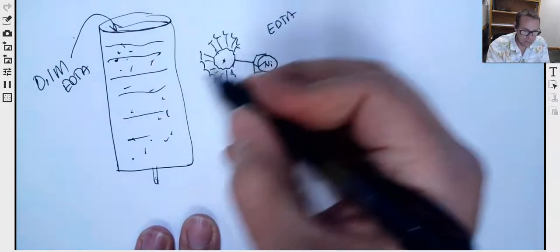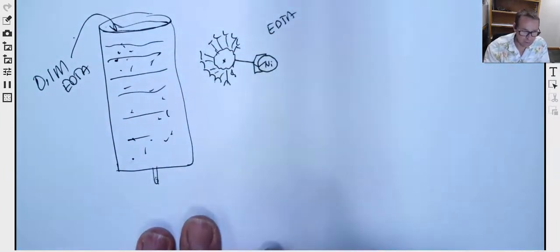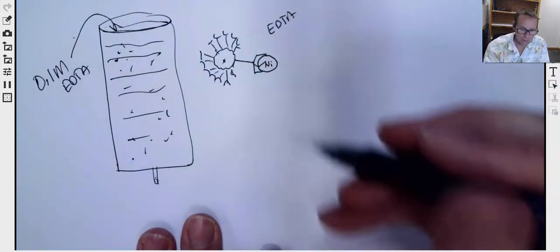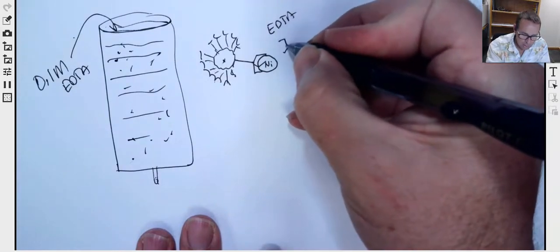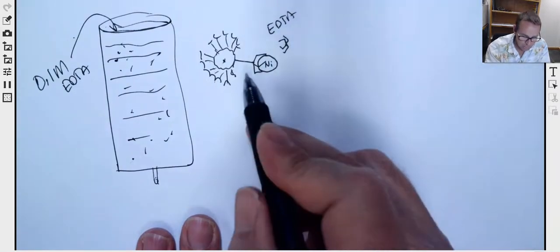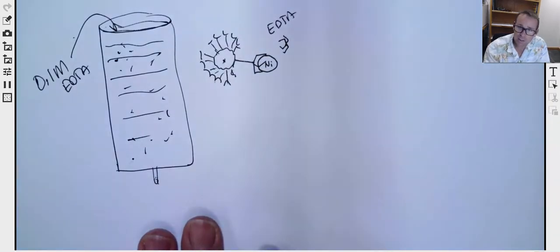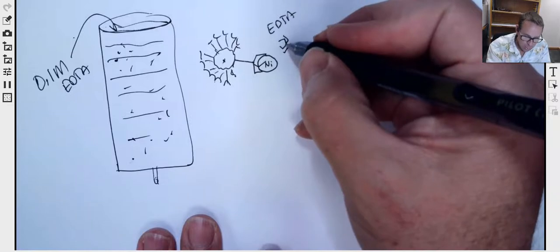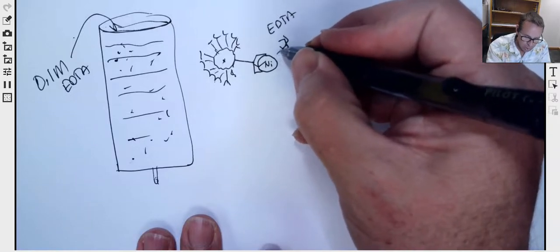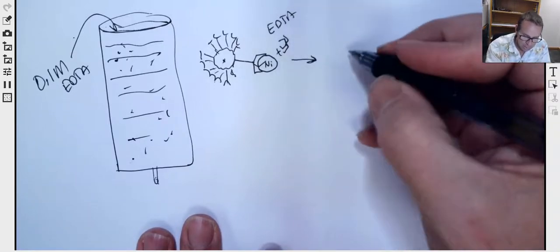So all this is in here. When we put EDTA over the resin, what it does is the EDTA comes down. Now this is EDTA that's not covalently bound to any plastic, right? It's just in solution. But the EDTA will grab on to the nickel.